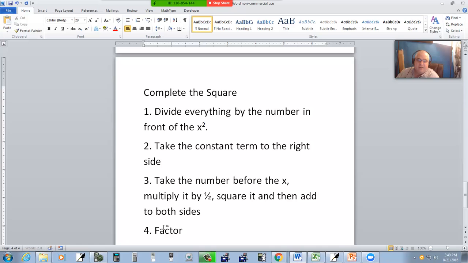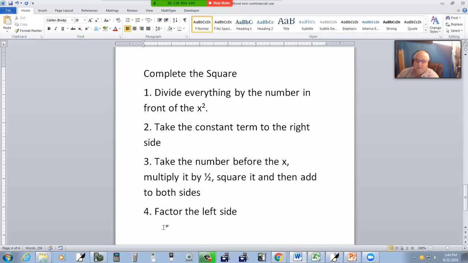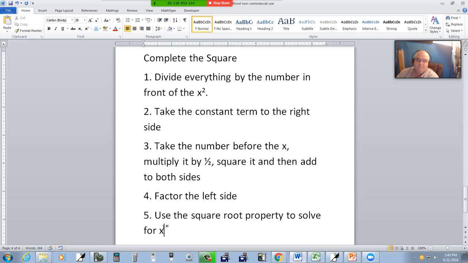Then step 4, back to the left side. And step 5, use the square root property to solve for x.